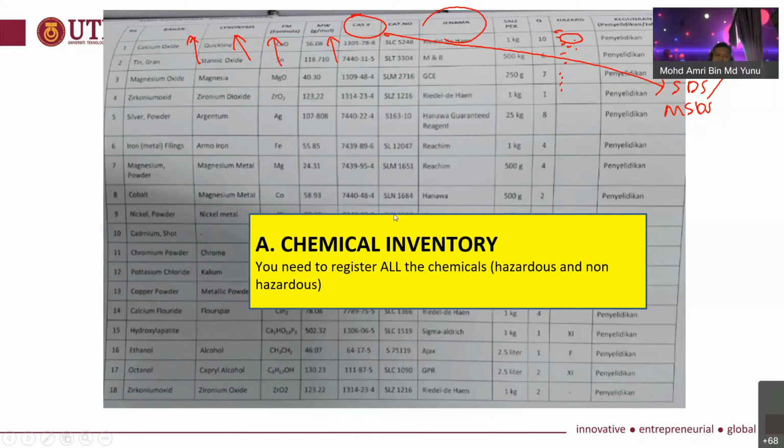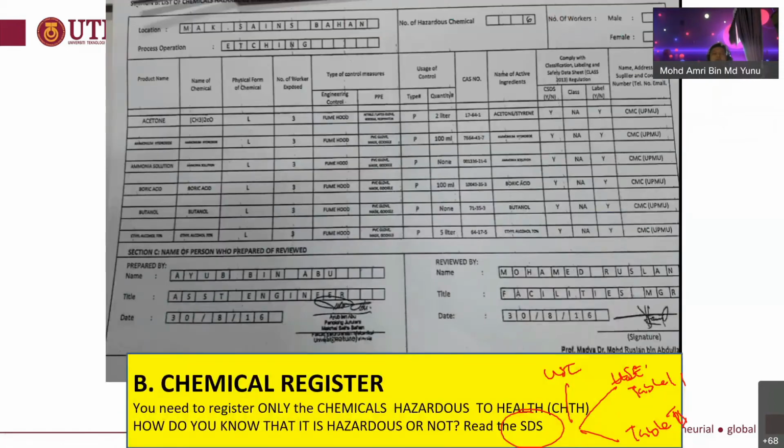In short, when you're handling chemicals, you must have an inventory. If you come to the lab, every time you purchase, you have to update it through the assistant engineer or the lab assistant.